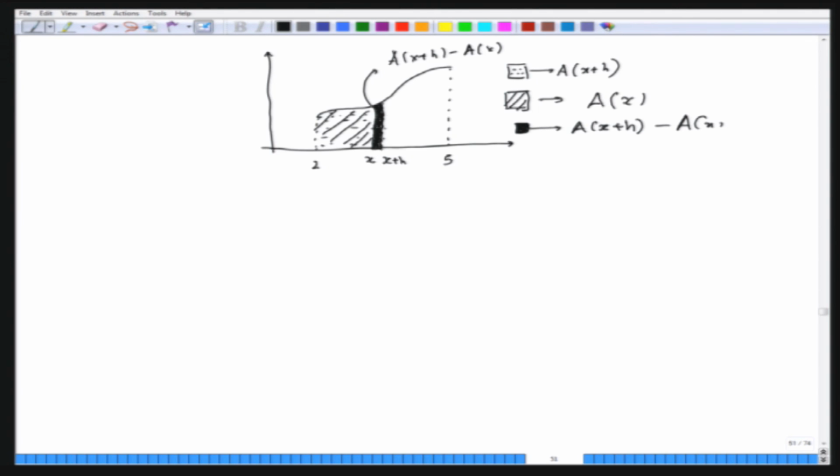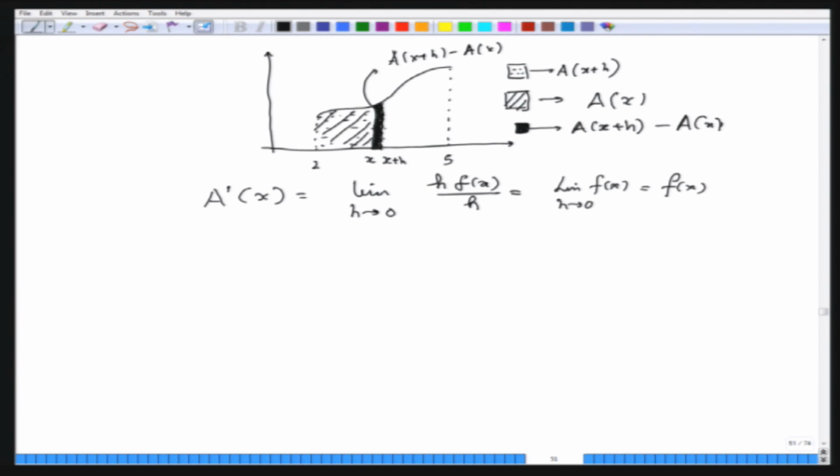So, this area, A of x plus h minus A of x, is nothing but h into f of x, because the difference is so small that I need not bother. So, A dash x is now limit h tends to 0 of h f of x by h, and that is limit h tends to 0 of f of x. Of course, there is no h dependence here. So, it is f of x.